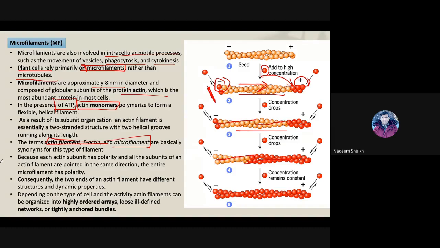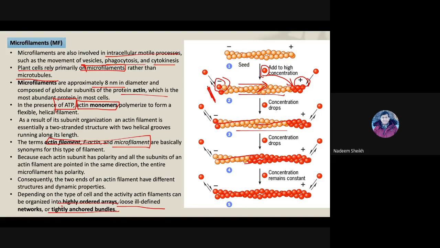Then we can look at their stiffness level, that depending upon the cell type, these actin filaments can be loosely defined, they can be tightly anchored bundles, or they can have a high order of arrays.